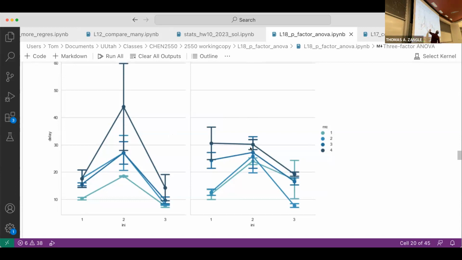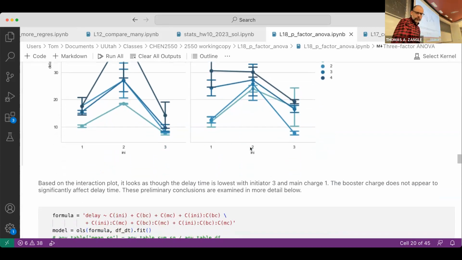It looks like there's potentially some interaction here between initiator and MC. But we'll use ANOVA to tell us whether or not we can make a conclusion based on that.